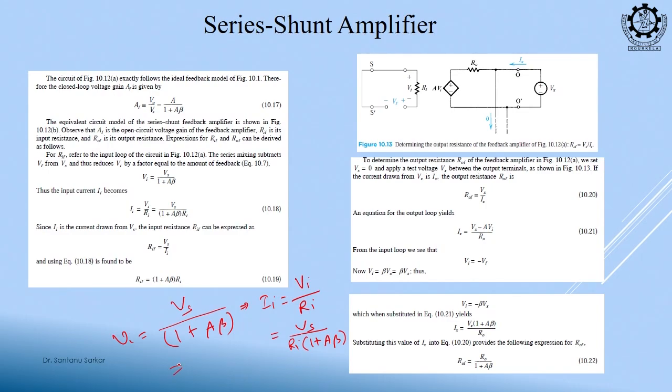So, our modified input impedance is, you see, Ri increased by 1 plus A beta times. So, what we said is that by the same times the gain is reduced, by the same times the input impedance will be increased.